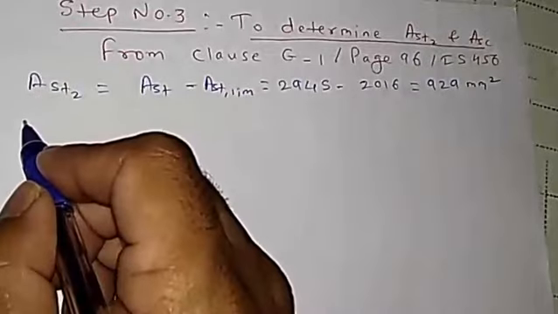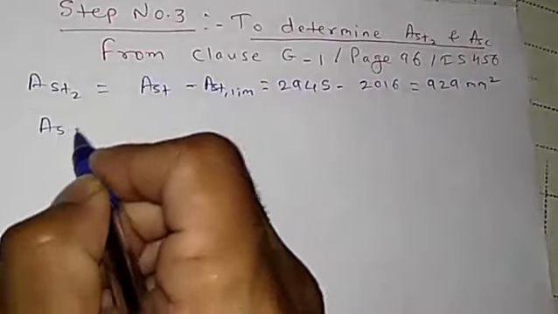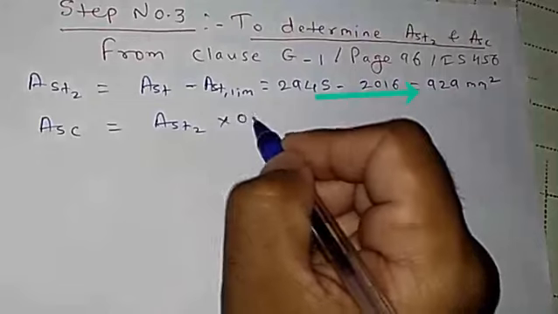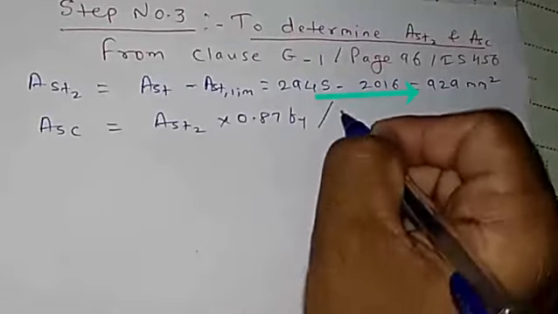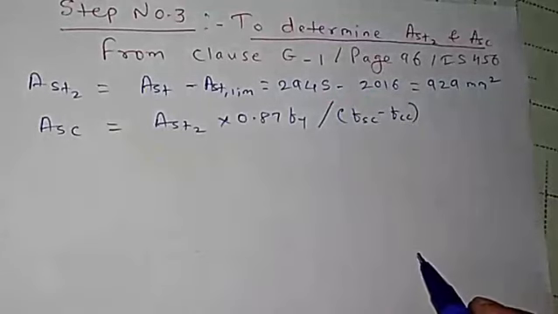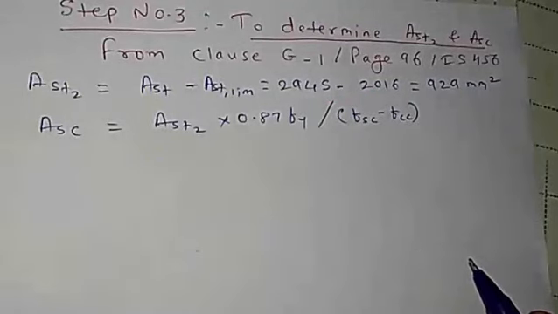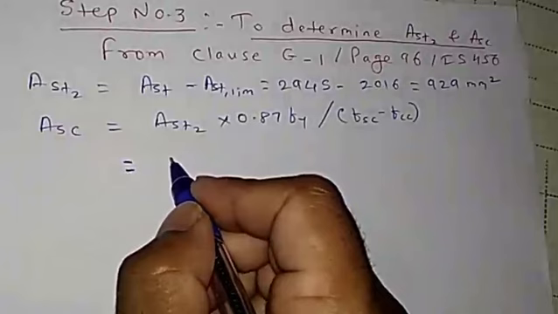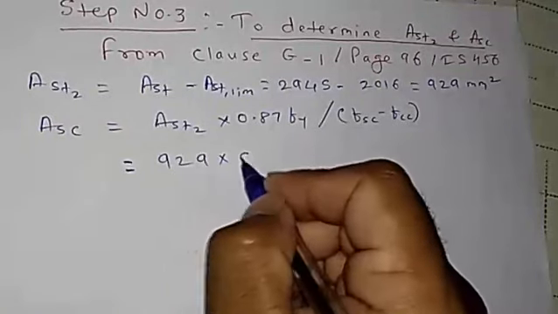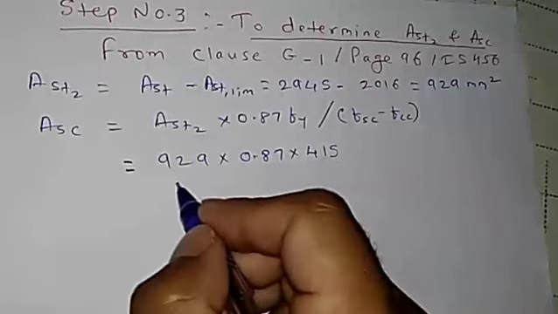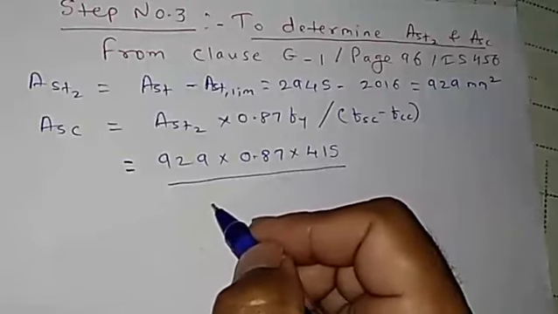Now we know that Asc is equal to Ast2 into 0.87 fy divided by fsc minus fcc. We just deduct fcc from there as well. So this Ast2 you got, 929, into 0.87 multiplied by 415, and this divided by fsc.